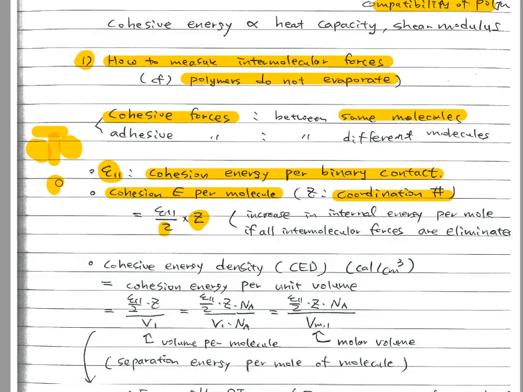Let's say there's 1 molecule, and for example, 4 different molecules surrounding this molecule, and for this one, there are 4 different interactions with this one, here, right? So we need to multiply by this one, okay? Z, coordination number.